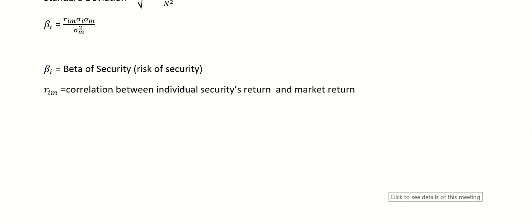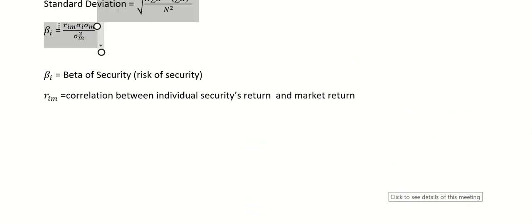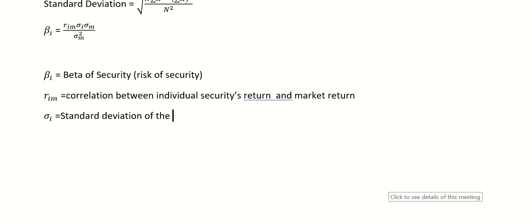Then we have standard deviation. Standard deviation of I is the standard deviation of the security in which the investor wants to invest.